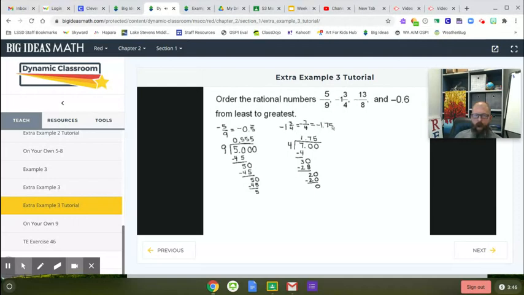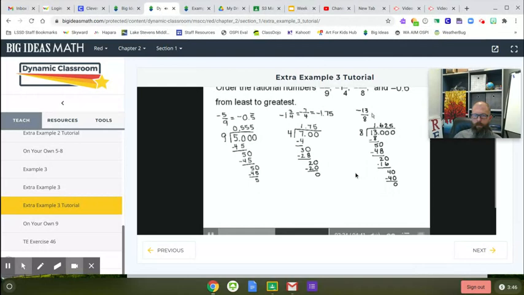So this is 13 divided by 8. After doing this long division, we have a remainder of 0, so we get a quotient of 1 and 625 thousandths. So remember, it's negative, so we have negative 1 and 625 thousandths.